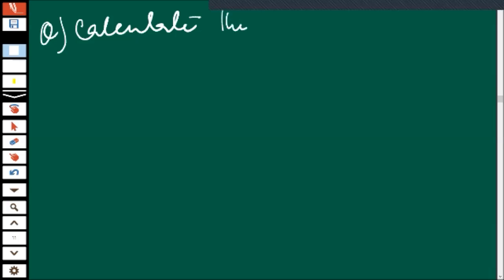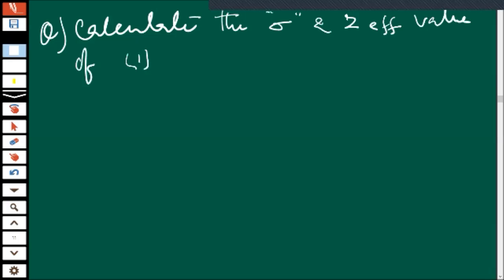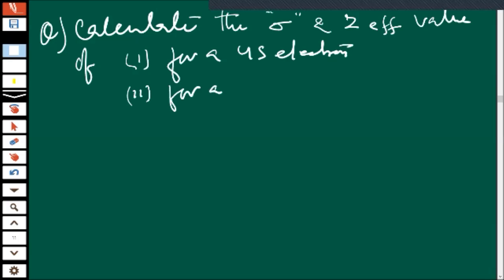Calculate the sigma and Zeff value of number 1 for a 4s electron and number 2 for a 3d electron. This is the question.